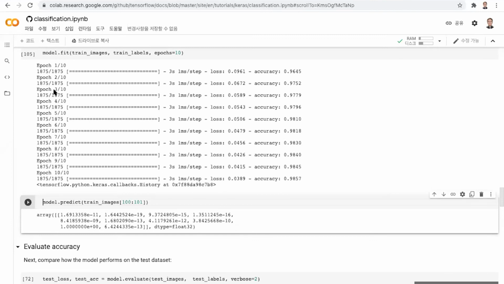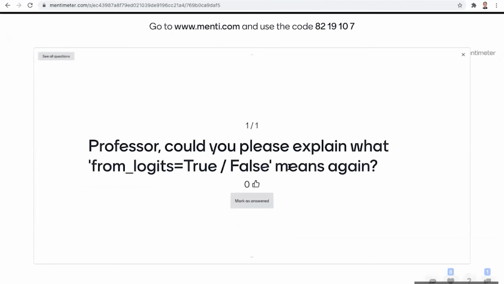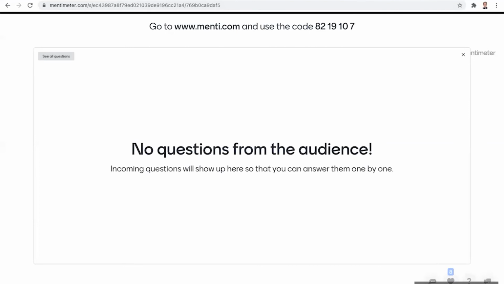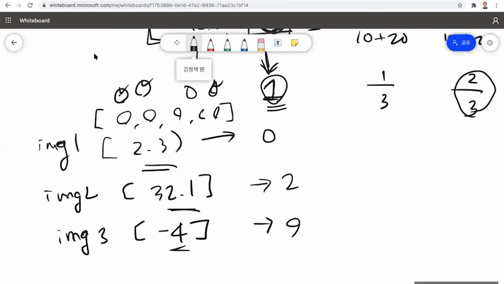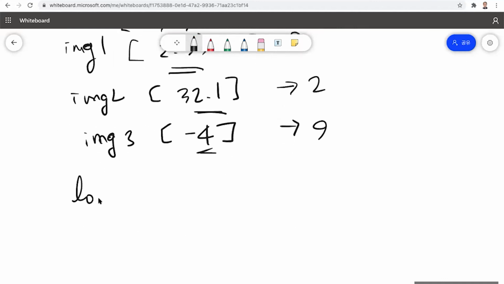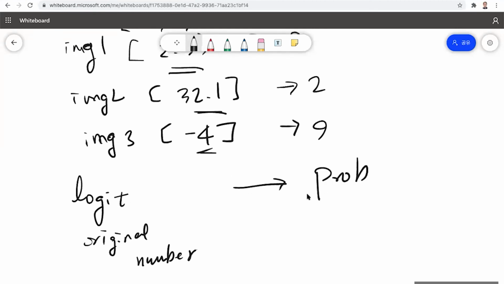Okay. So logit, true, false, what does it mean? Logit is the original number, and you can transform logit to probability with the softmax function.